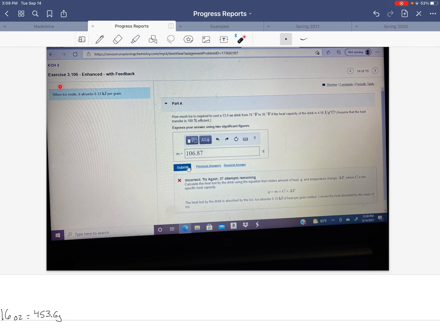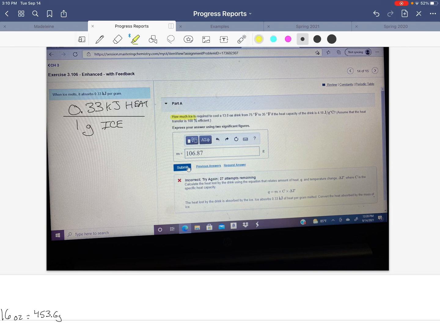Anyway, we're going to start with, it says, when ice melts, 0.33 kilojoules per gram, that's what it takes. So we're going to say 0.33 kilojoules of heat per 1 gram of ice. Alright, so now it says, how much ice?